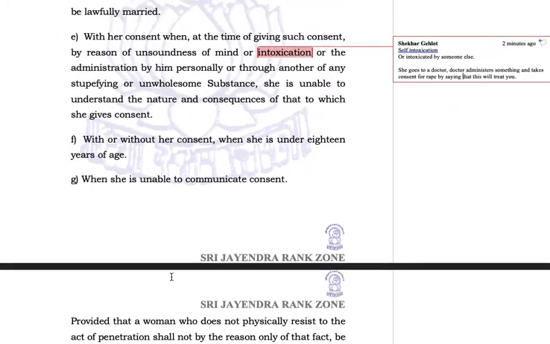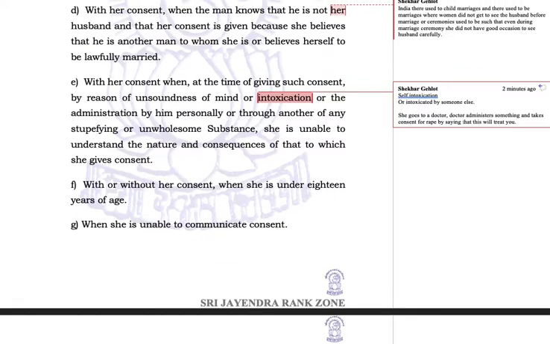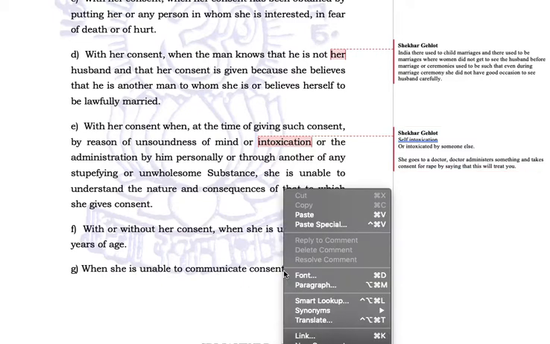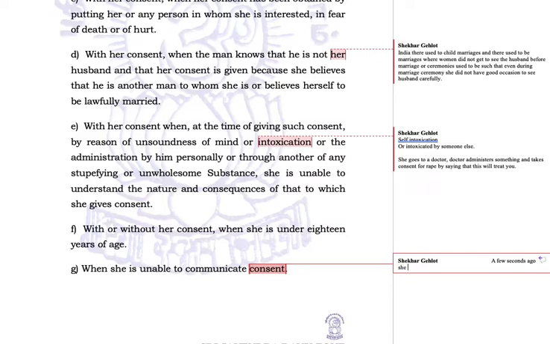When she is unable to communicate the consent. When she cannot communicate the consent, she is ill, maybe mute, may not be able to speak, she may not have voice, maybe a patient under coma, maybe a small child aged 1 year unable to speak.